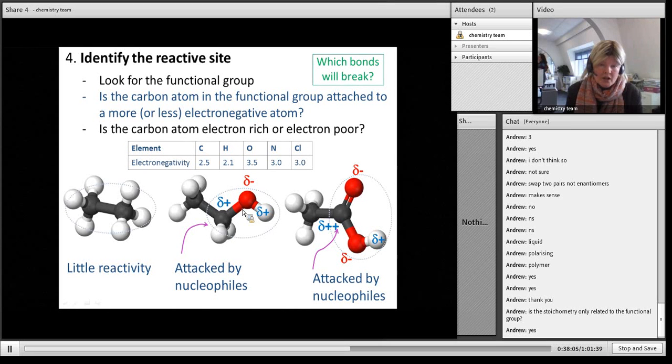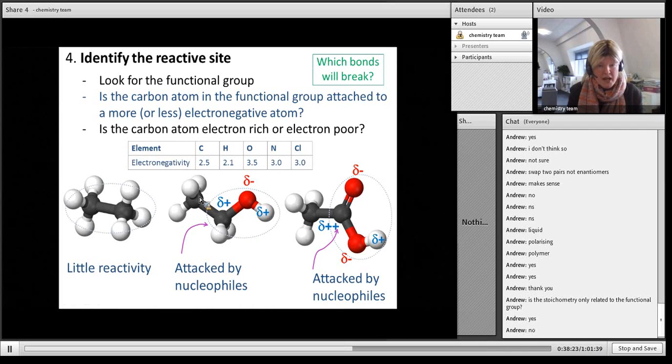If this OH comes off, it's OH minus. If a methyl comes off, it comes off as an alkyl anion, methide, CH3 minus. Have you heard of CH3 minus? Is it as common as OH minus? No, it isn't. You're quite right.